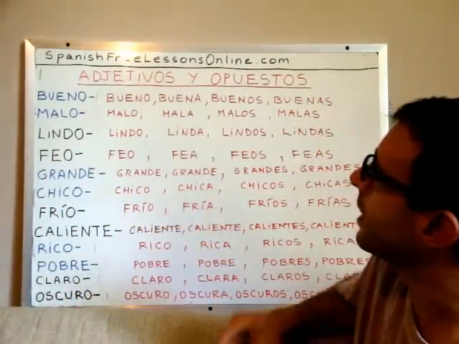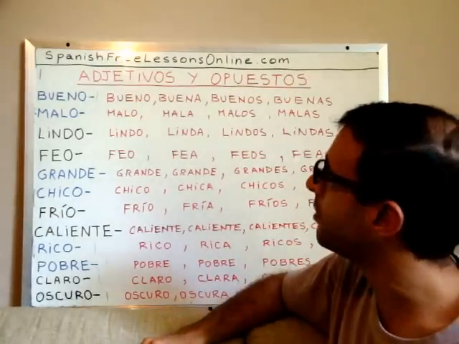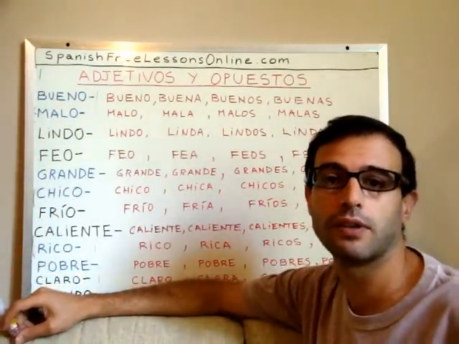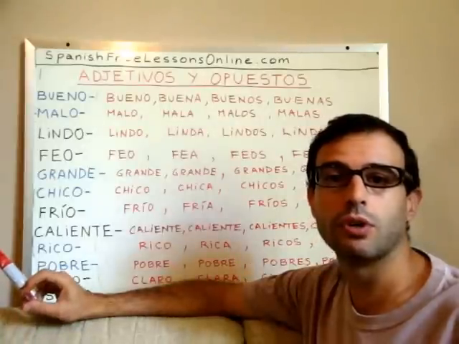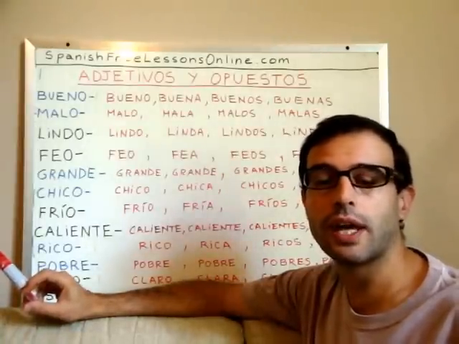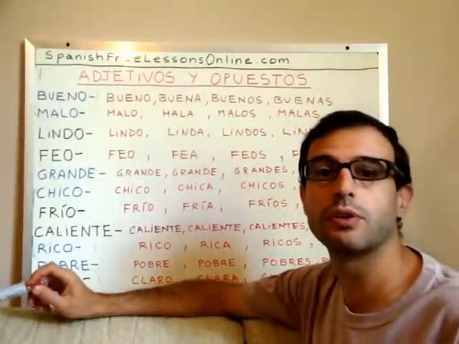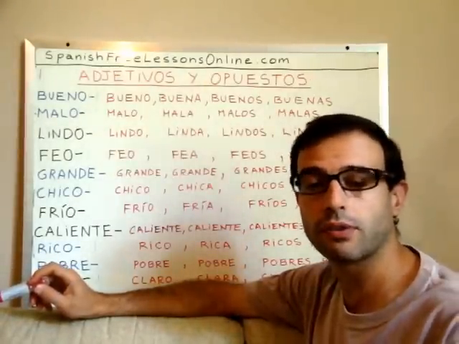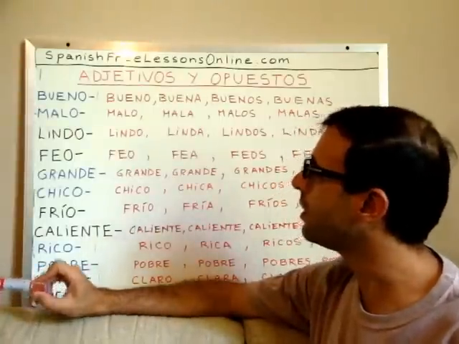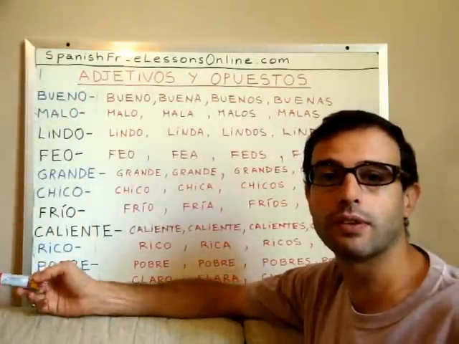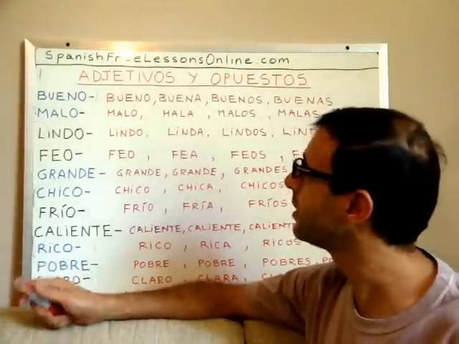But here, as I mentioned before, since these opposites are adjectives, and in Spanish adjectives always change their ending according to the noun, whether it is singular or plural or feminine or masculine. So I want to show you these adjectives, which are the possible endings they can have, right?